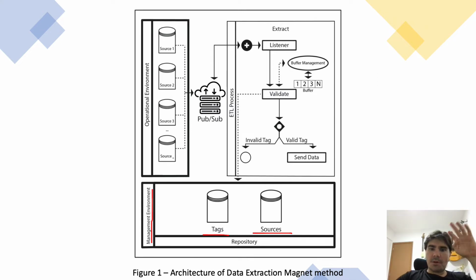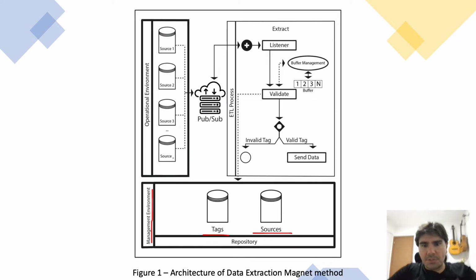In this repository, we can configure the tags, the names of tags that are used to be assigned to data from the operational environment. And in this other repository, we can assign a tag that is stored in the tag repository to the data from the operational environment.